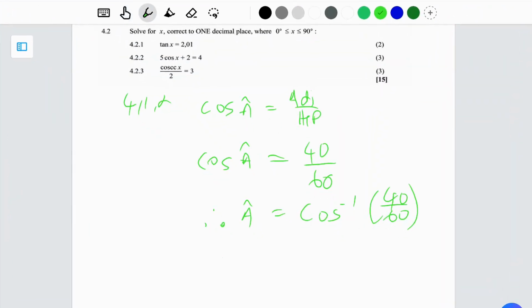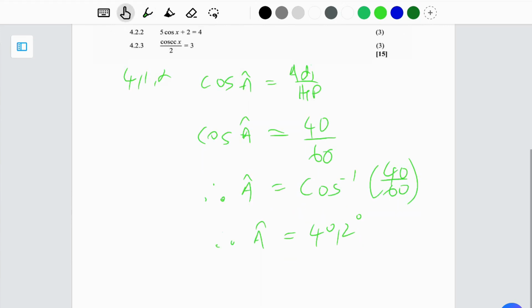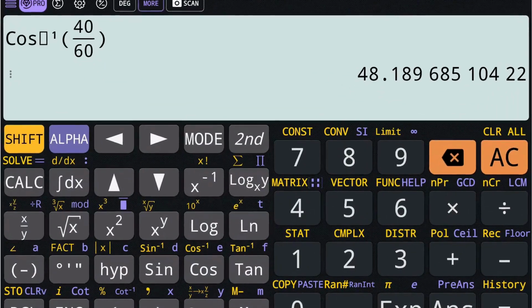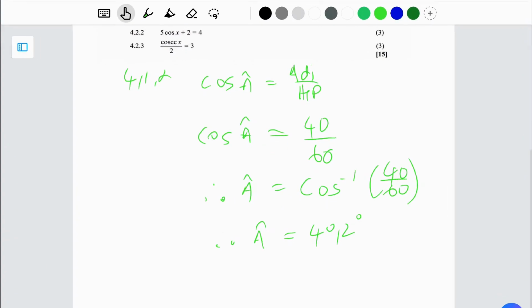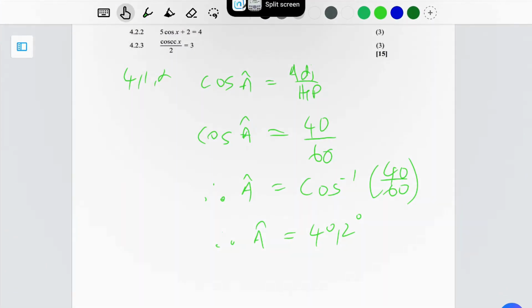So now we know that angle A equals 40.2 degrees. My guys, my memory is so bad, let me just have a look at that. It's 48.2 degrees. Let's take that out, and we now know that angle A is 48.2 degrees.